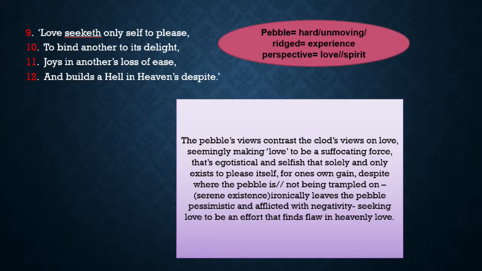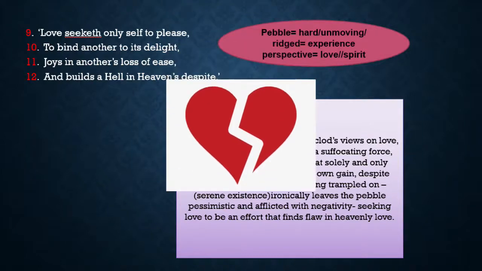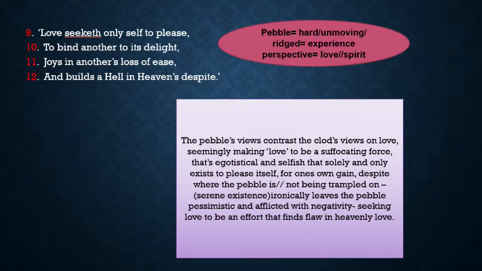But it's singing, and it's having this negative view of love being this egotistical thing. He doesn't see anything good in it. He says love builds a hell in heaven's despite.